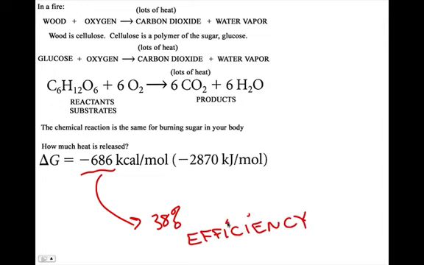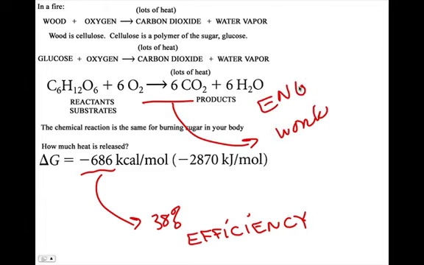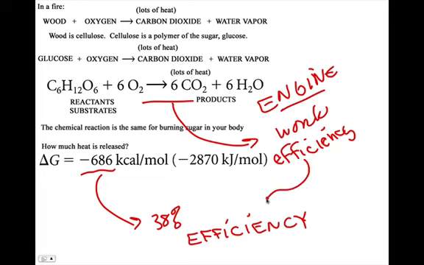When a car engine is running, there is a loss of a lot of heat, and a car engine converts an exergonic reaction into work. That's what engines do, and it has a certain efficiency, and the efficiency of any engine is much lower than 38%. We have a very efficient engine.